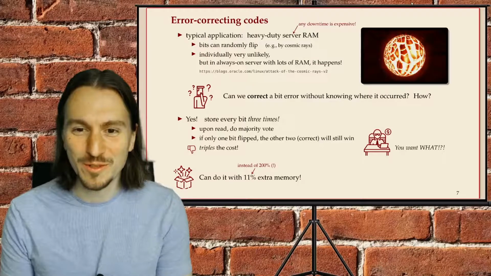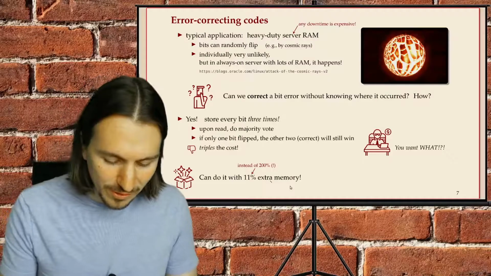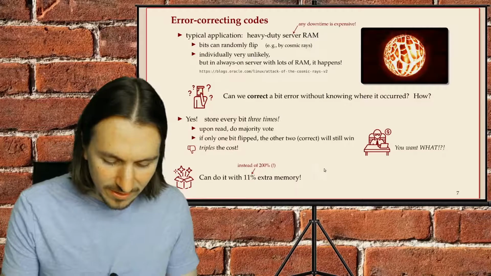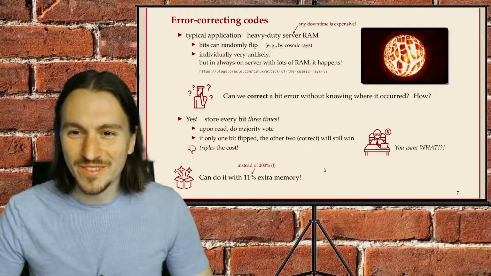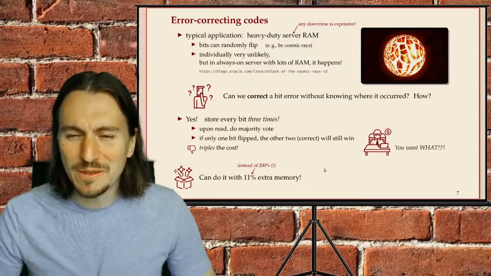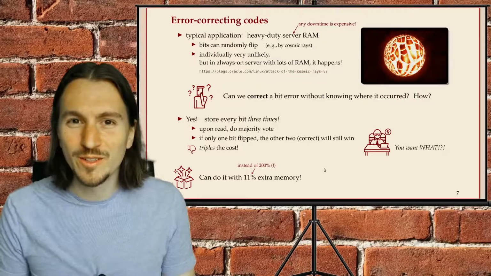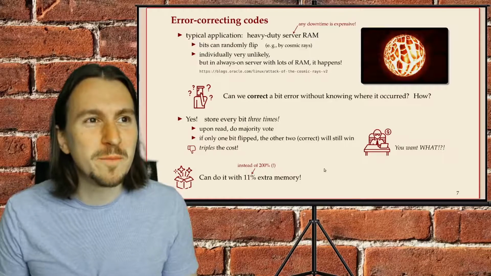We can't afford that. We don't want to afford that. And the claim is we can do it with roughly 11% in this scenario. And that should also work out to be roughly 11% for the 100 bits. So 11 extra bits should be roughly it.